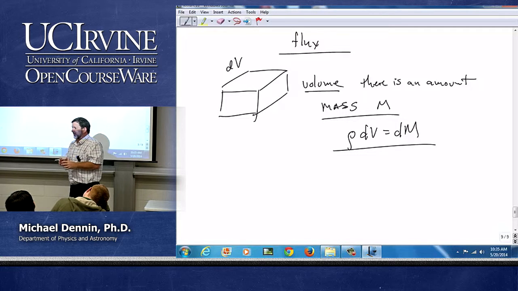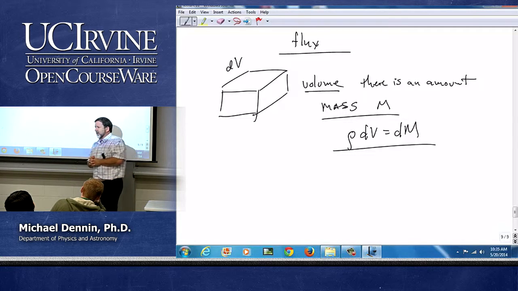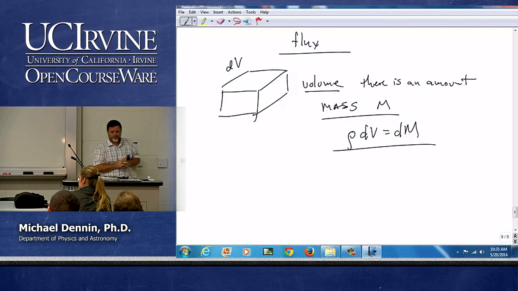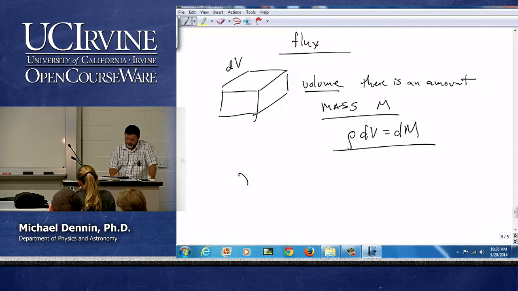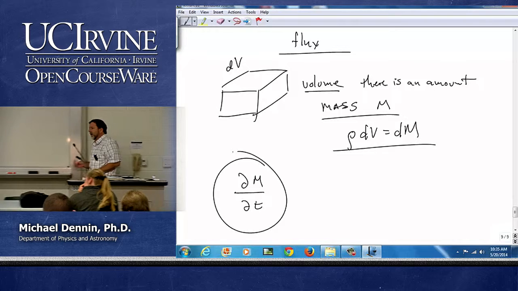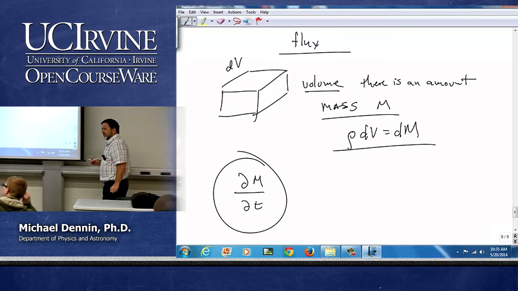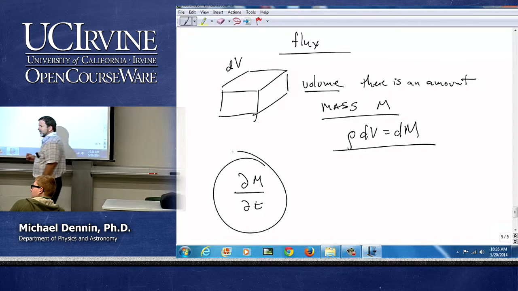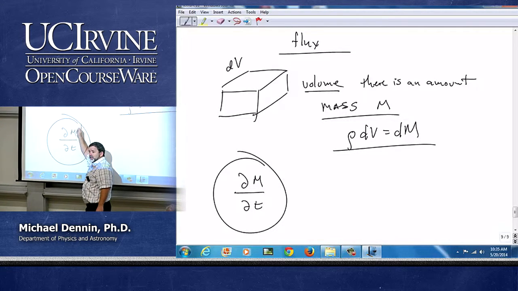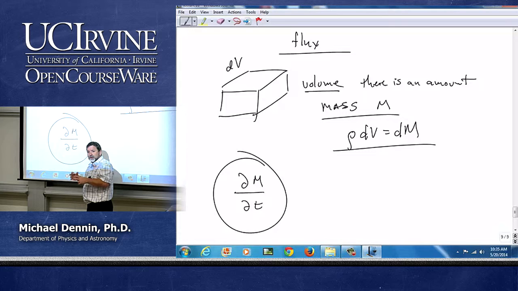Now, what derivative tells us how the mass changes in time in the volume? The partial m partial t. And the partial derivative is key. Why is the partial derivative key? Well, more importantly, I'm looking at a spot in space. I'm looking at this volume, right?